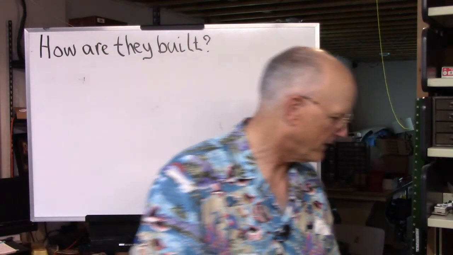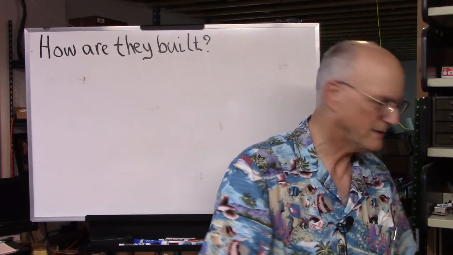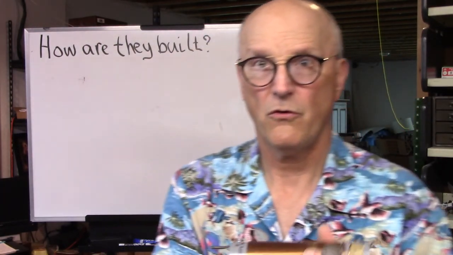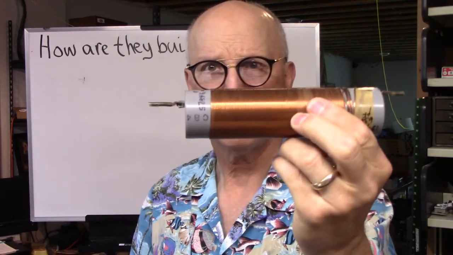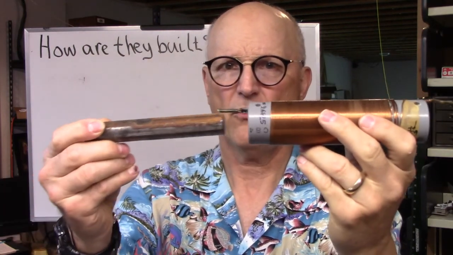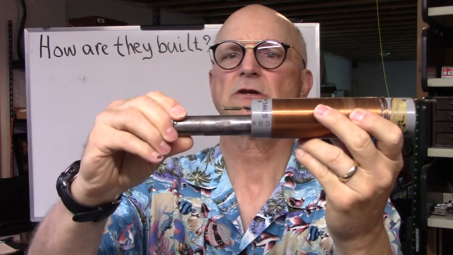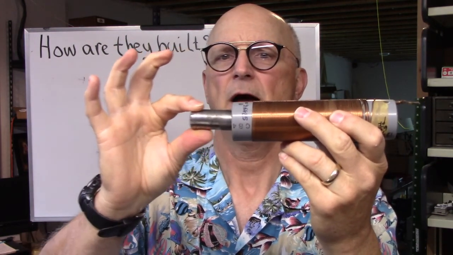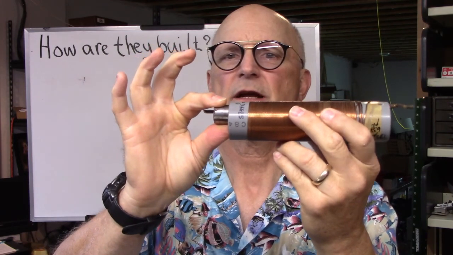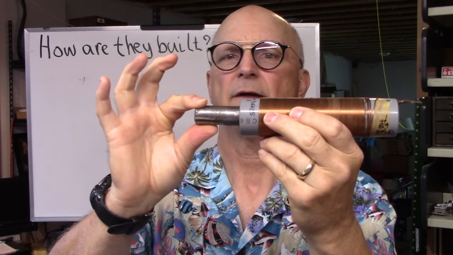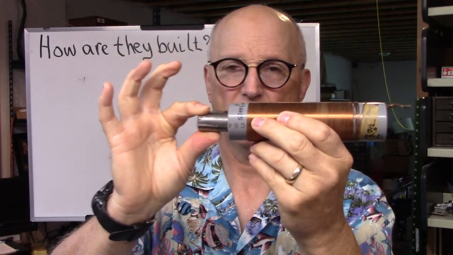Now with variable inductors, they'll take a coil much like this, and they'll have core material that they will put in and take out. They'll actually have a means of inserting the core material and bringing it out.